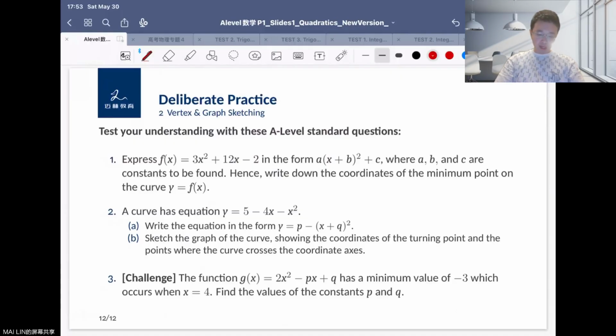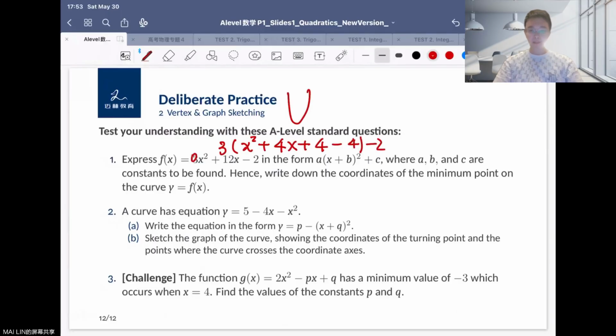So for the first problem, a doesn't equal 1, right? And it's bigger than 0, so it is a U shape, right? We can first extract 3 outside, that is x squared plus 4x, right? And then we add 4 and then minus 4, and then minus 2, okay?